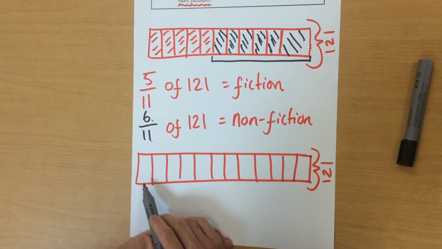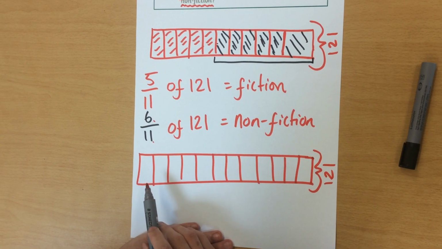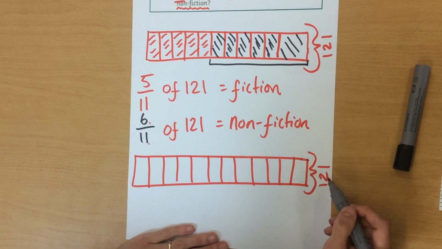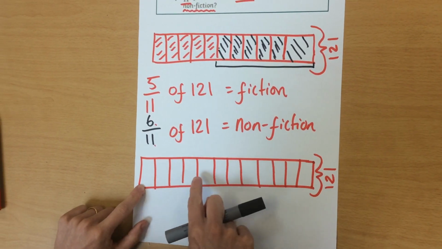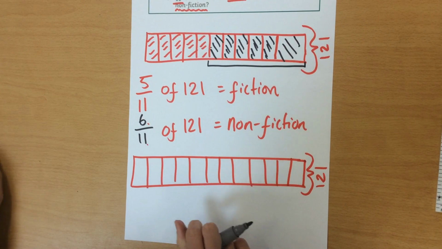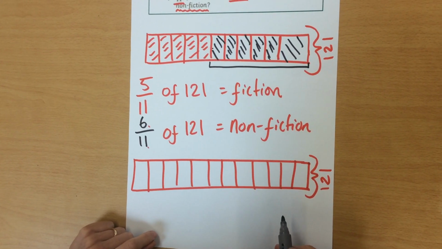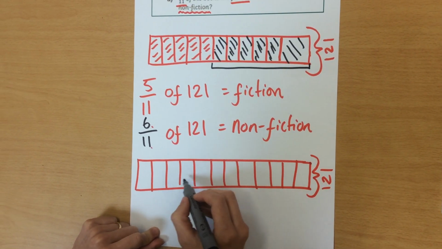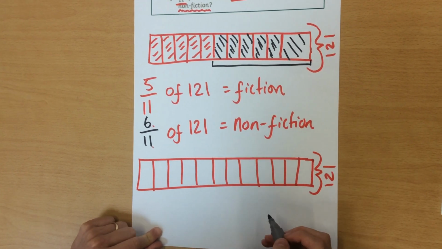6/11ths are non-fiction. But before I tackle this part of the question, what I want to know is this. If 11 parts make the whole, and a whole is 121, well, what is one part? What's the value of one part of this whole? Well, we've got 11 altogether. 121 is my total. That is 121 divided by 11, because I want to know how many times 11 goes into 121 exactly.